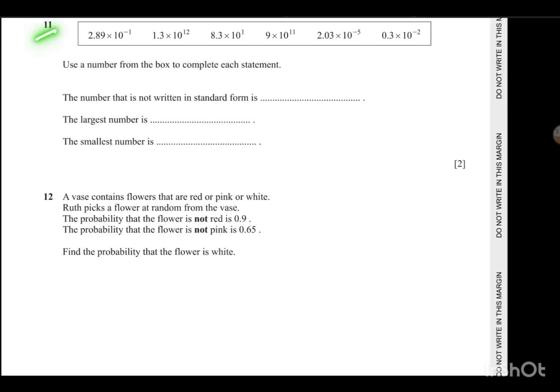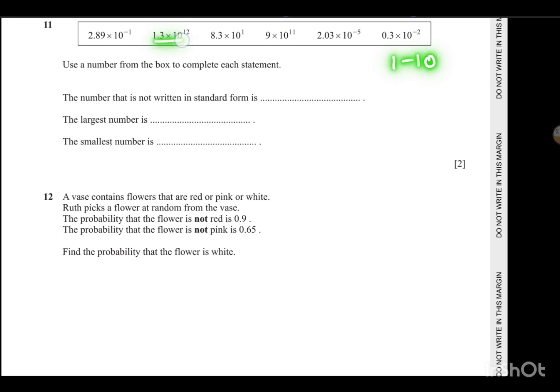Question number 11. Use a number from the box to complete each statement. The number that is not written in standard form is... So now when you see these numbers, 2.89 × 10^-1 is in standard form because the digit before the point is between 1 and 10.